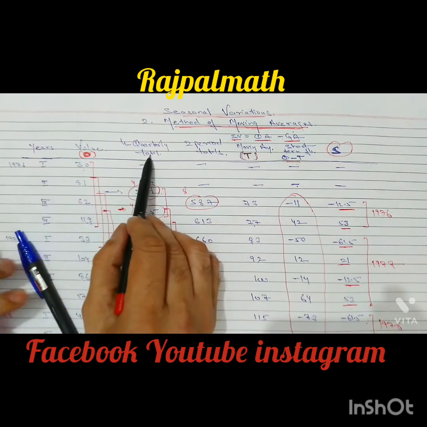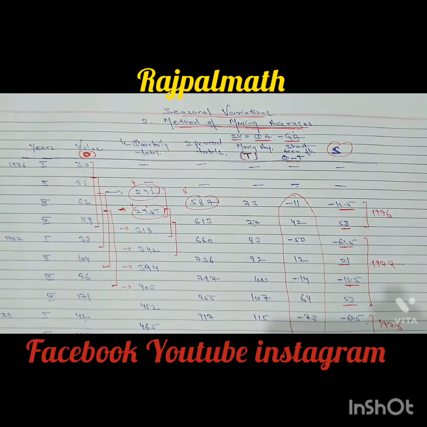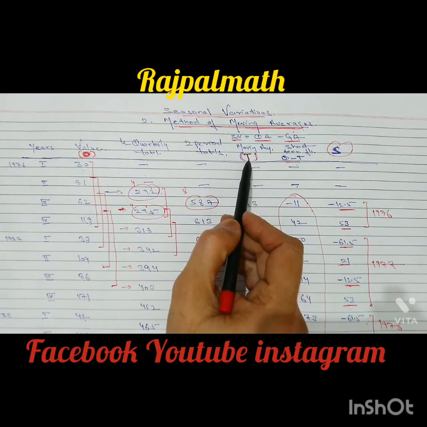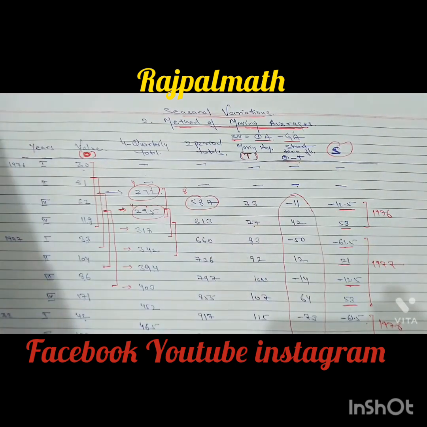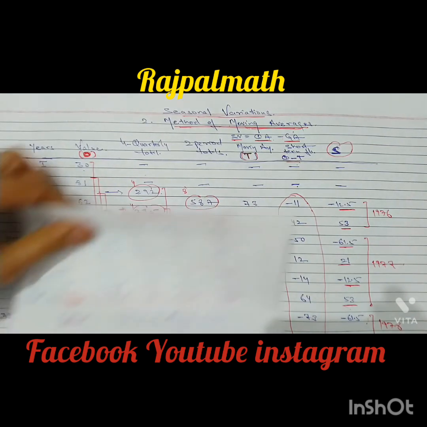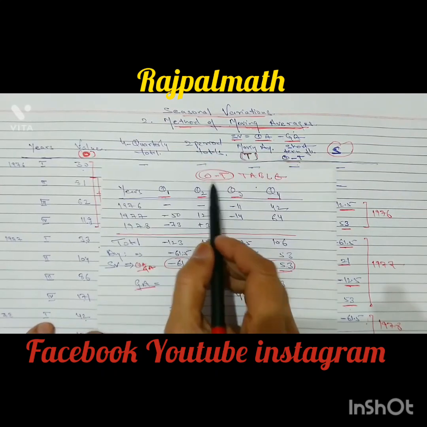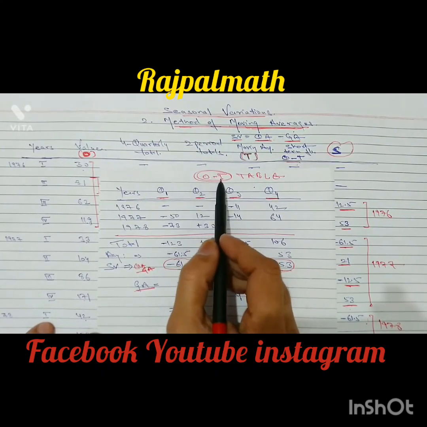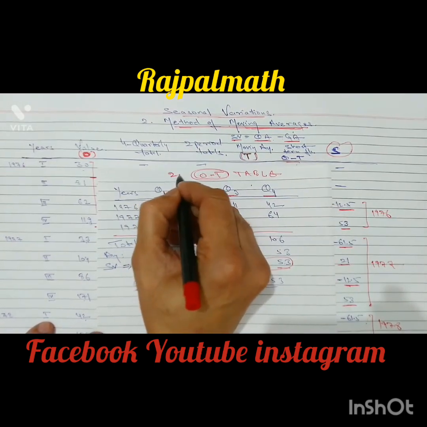The first step is to find the 4 quarterly total, then the 2 period totals, then the moving average T, then O minus T, then the seasonal variations from the O minus T table, the short term fluctuation table, or table number 2.